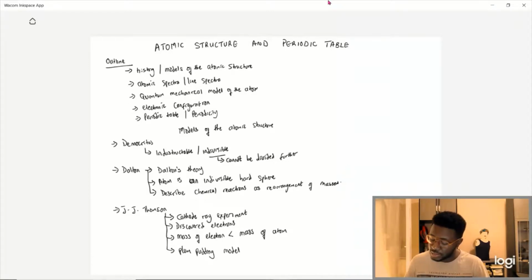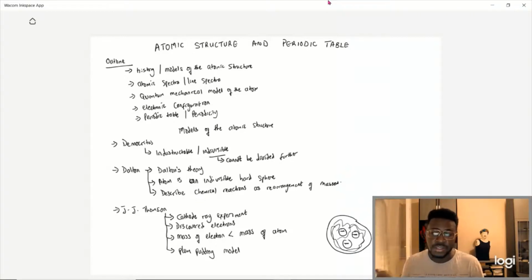Because he thought that the atom was round, containing electrons, and the rest of the atom was just positively charged because the electrons he discovered were negatively charged. So it looks like a plum pudding. The plum pudding is a food, so plum pudding model. So that was Thomson's model.